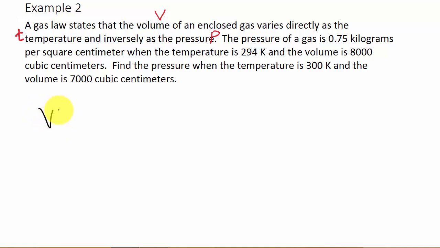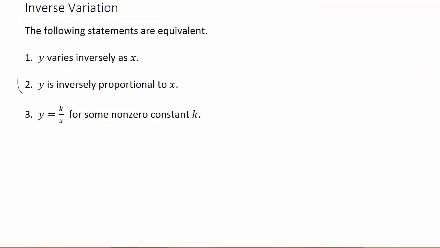It says the volume varies directly as the temperature, so that's going to be k times T, because for direct variation it's multiplication, and inversely as the pressure, so that's divided by the pressure P. You remember that from here, k over whatever this variable is, and in this case it's P.